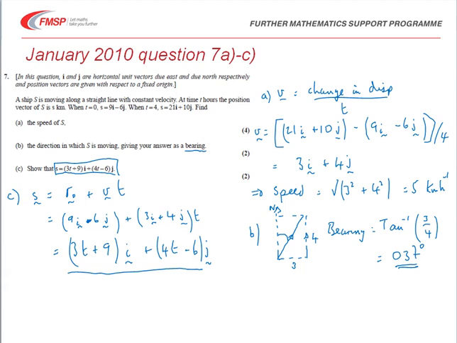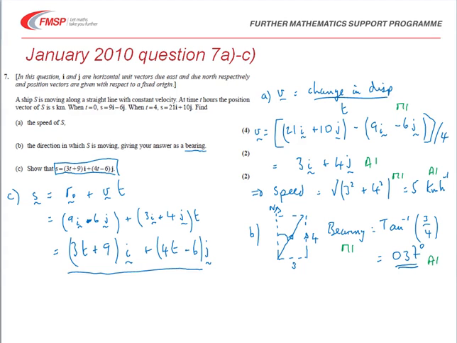Looking at the allocation of marks, 4 marks in the first part of the question. The first 2 marks were a method mark and an accuracy mark for getting the vector v, and then a method mark and accuracy mark for calculating its magnitude and getting the answer 5. The bearing likewise was marked M1 for using tangent inverse, and then A1 for the answer 037 degrees.